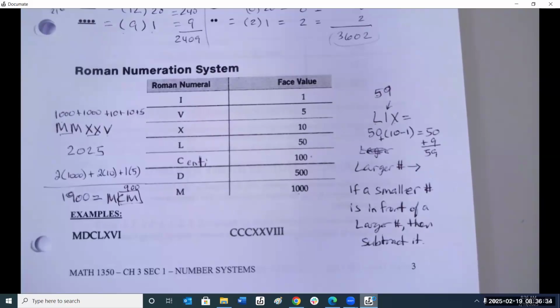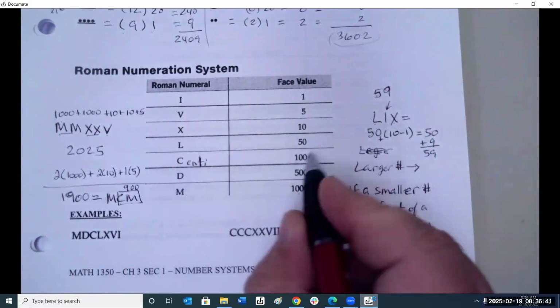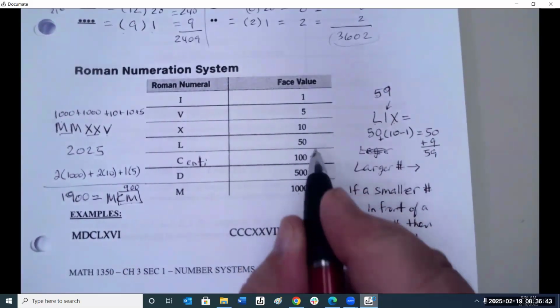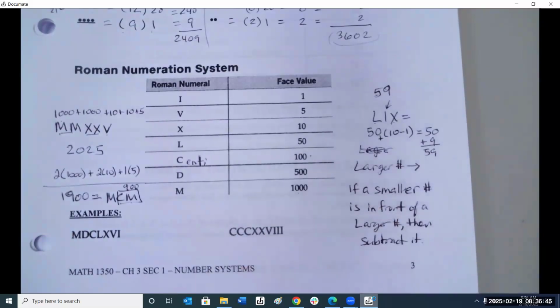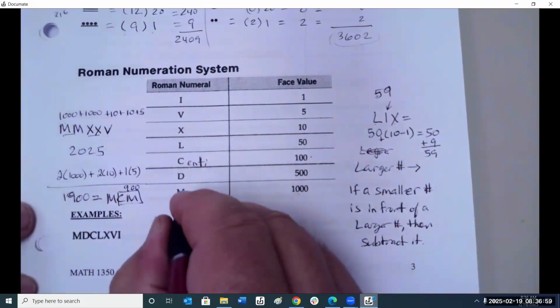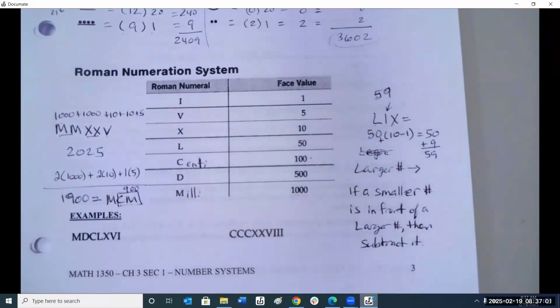If you have 1 penny, you have how much money? 1 cent. A cent is 1/100th. So that's why if you have 100 pennies, you have $1. Dimes, so it's a D. So if you have 10 dimes, you have $1. It goes to the next level. M, milli, which means 1,000.